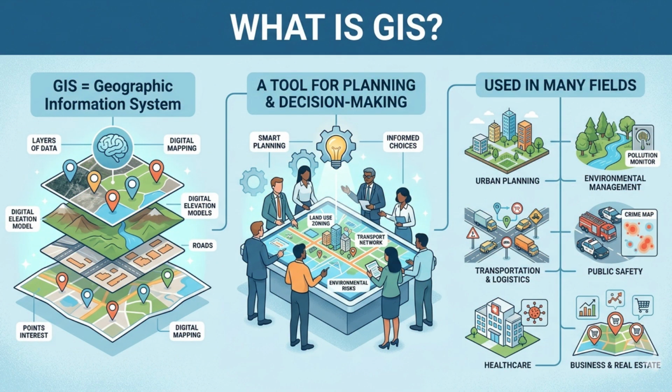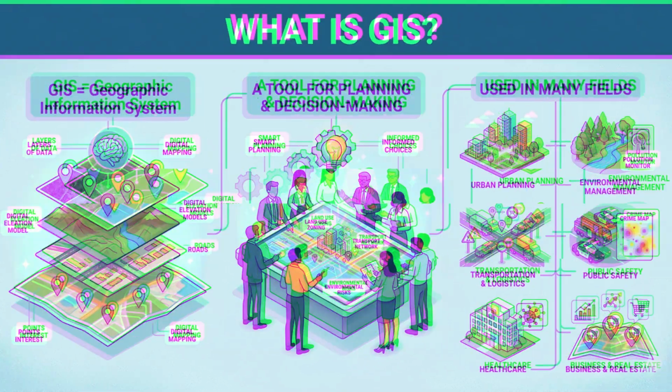So first, let's understand what GIS actually is and why it is important. Geographic Information Systems or GIS is a highly in-demand tool used in many different fields. It is especially useful when it comes to planning, analysis and decision making in real-world situations.